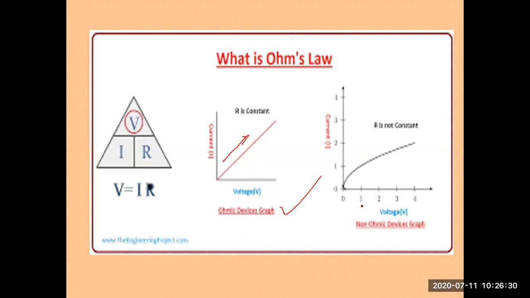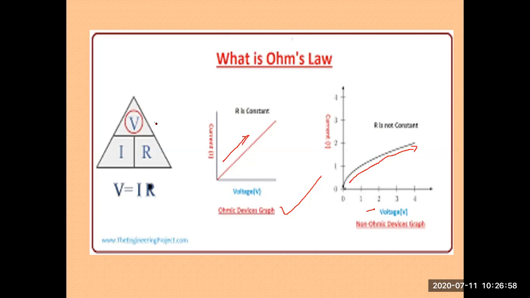But in the case of non-ohmic, like the filament, if you look at this, it is non-ohmic, voltage and its current, the graph is not a straight line. The value of the current reduces with the passage of time. The more potential you apply, the less is the current which you get at the end, because the temperature is not constant, because the physical state of the conductor is not constant, which is the most required.